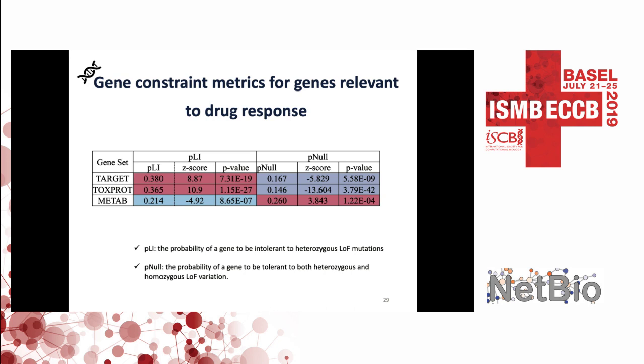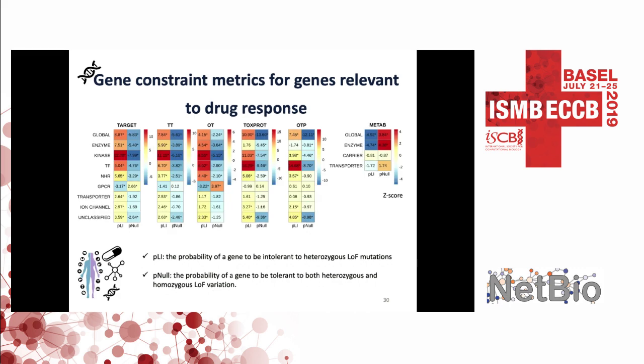But you might say that these sets of genes are really heterogeneous, so we look in more detail at different classes of genes among these big sets. So we use the target disease ontology and other protein classifications to further divide this set of genes.